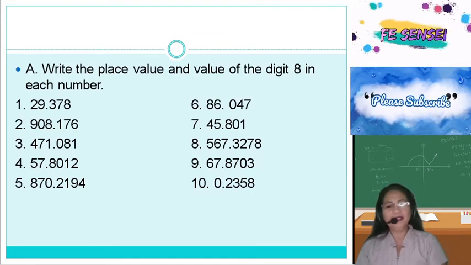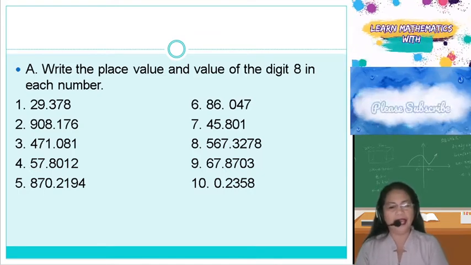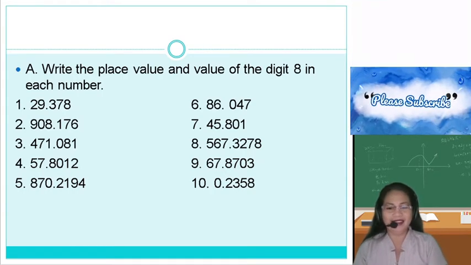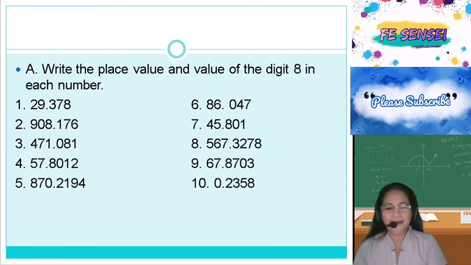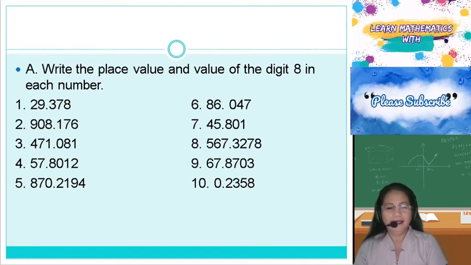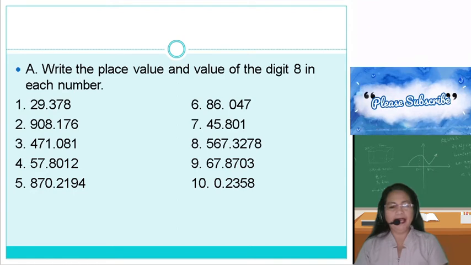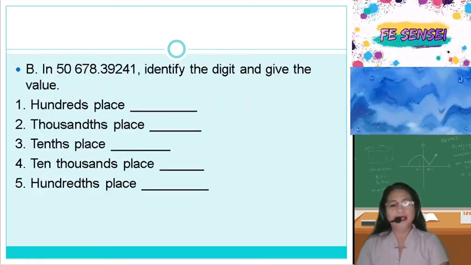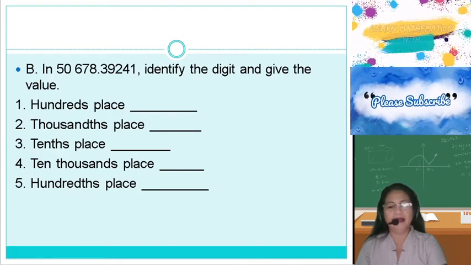So you're going to write the place value and value of the digit 8 in each number. Try it. Remember the place value and value. Then identify the digit and give the value.